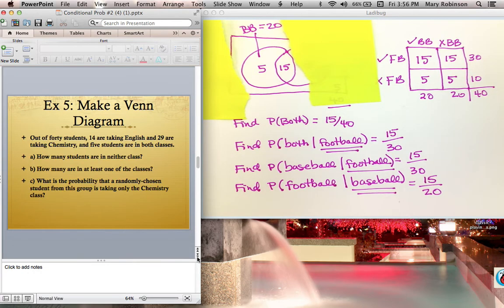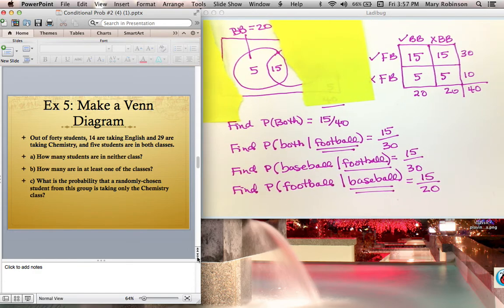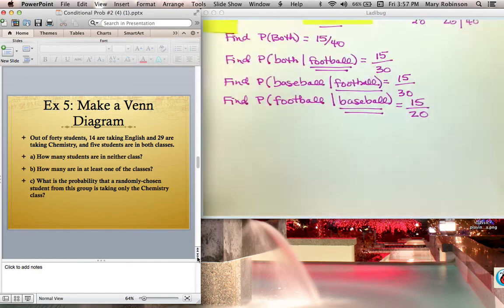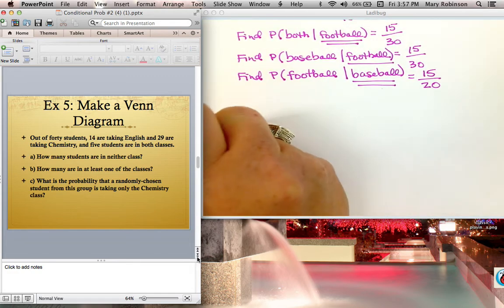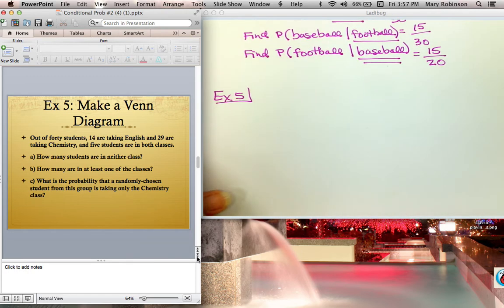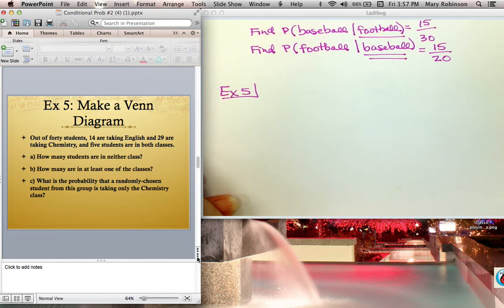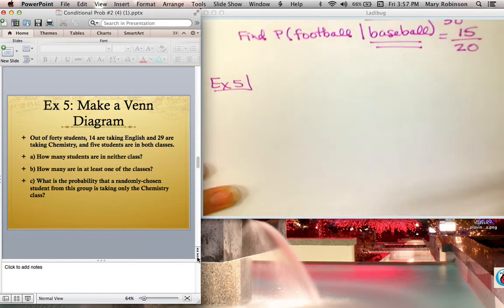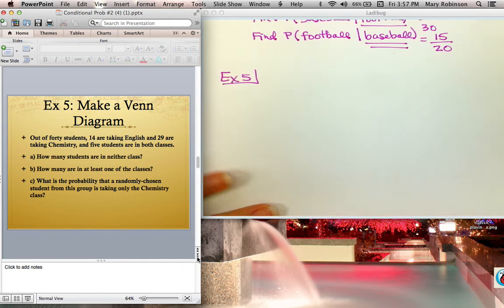Next, if we want to take a look at the next problem on making a Venn diagram, for example 5, it says out of 40 students, 14 are taking English and 29 are taking chemistry, and 5 students are in both classes. So we see that there are 2 different subjects, English and chemistry.